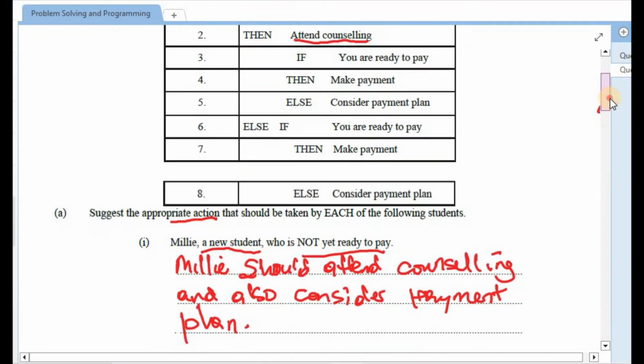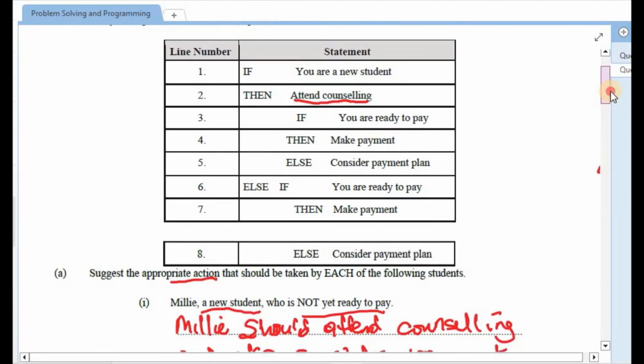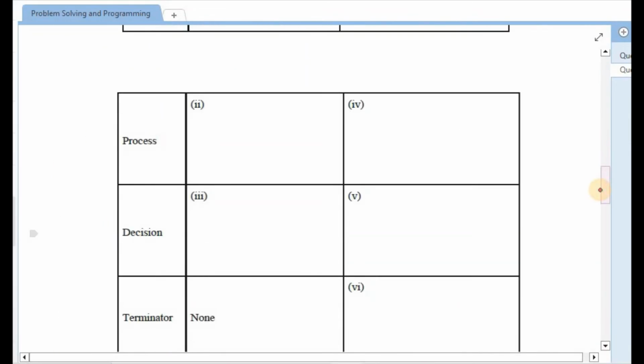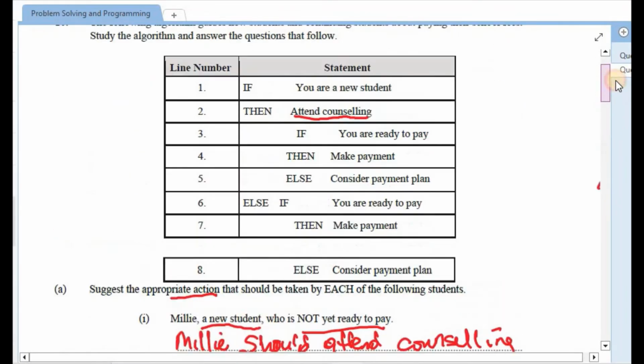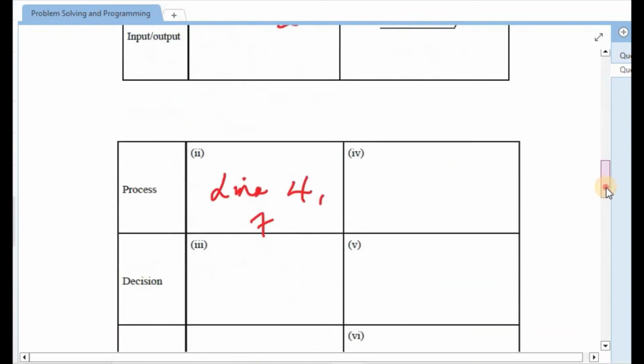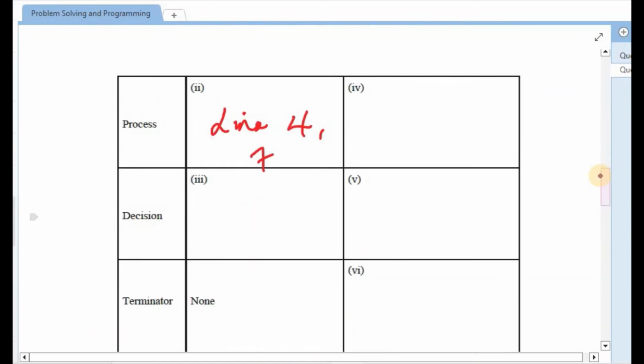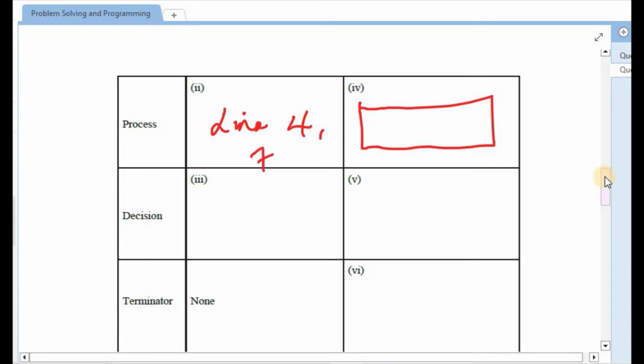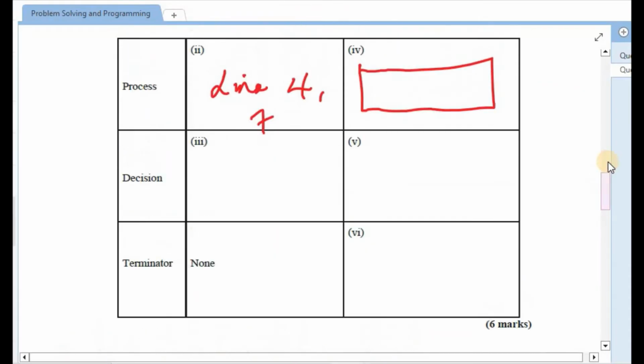So line 4 or line 7 could be feasible lines for a process. All right, so line 4 I said, or 7, either based on your selection. All right, what symbol represents a process? It's a rectangle or a square. Not so neat, but enough for the job.